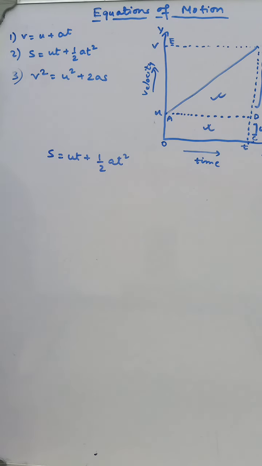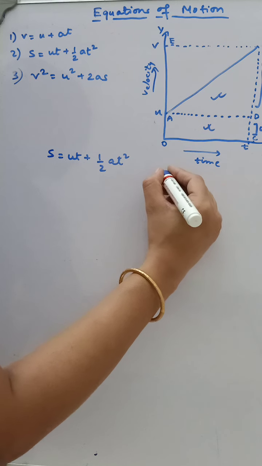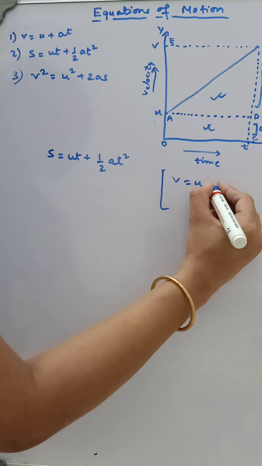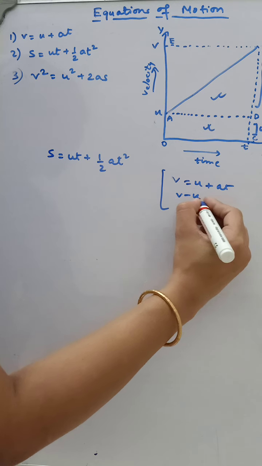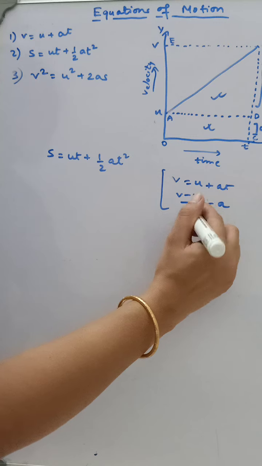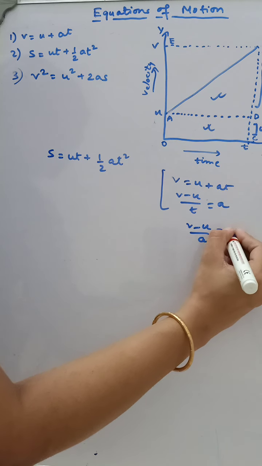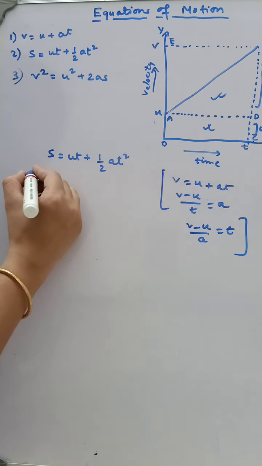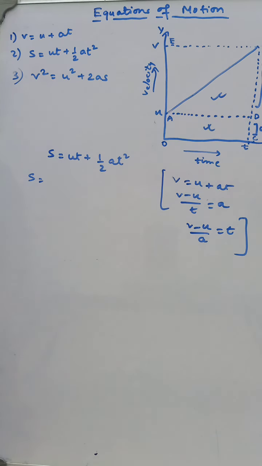So instead of t, what can we write? From the first equation we have v = u + at, so v minus u is equal to at, or we can write (v - u)/a is equal to t.